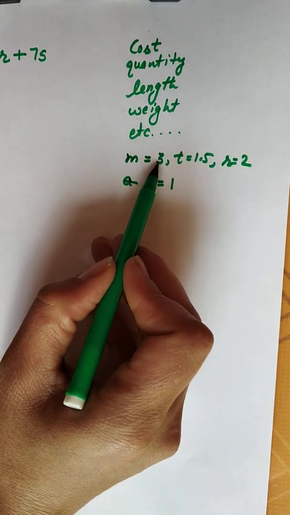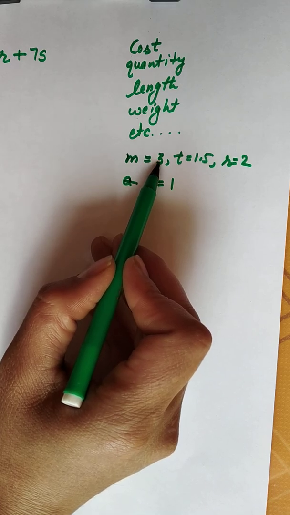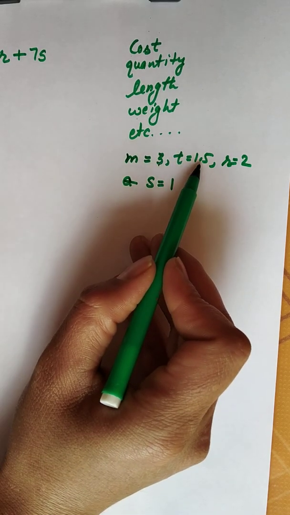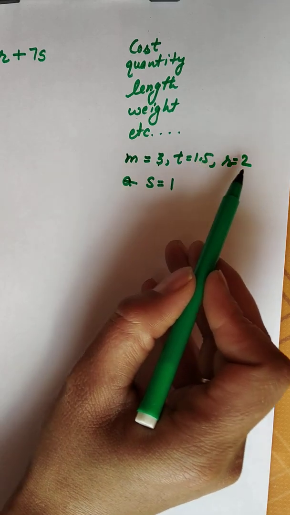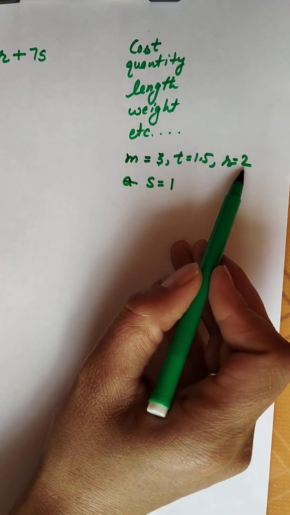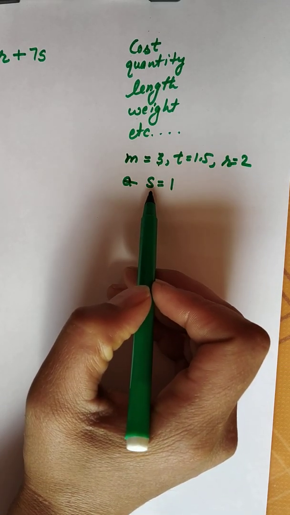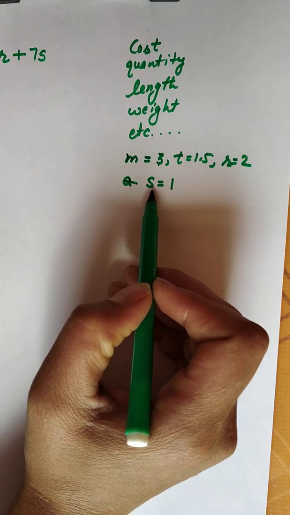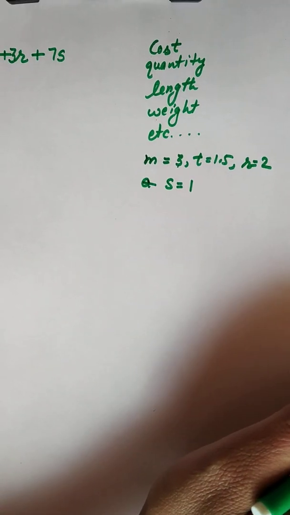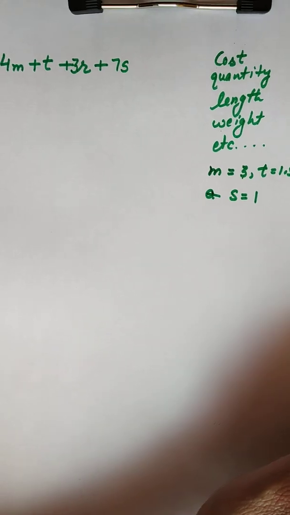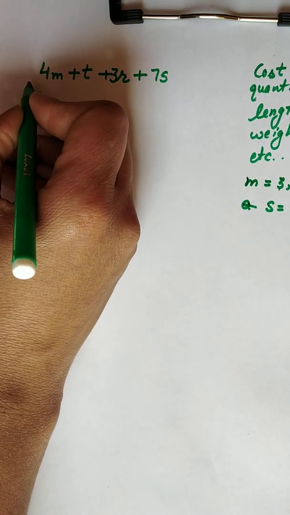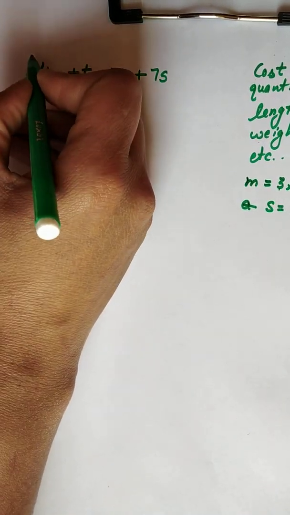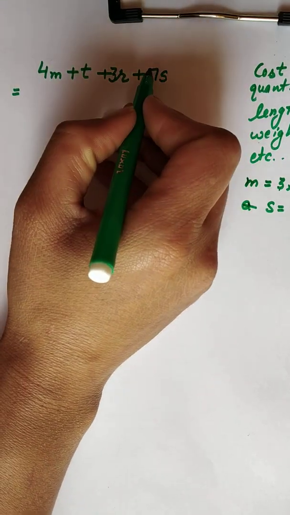Okay, so means 3 rupees is the cost of the first object, 1.5 is the cost of the second object, 2 is the cost of the third, and 1 is the cost of the fourth object. Now as we have their individual costs, we can find out the real cost of all the 4 objects.